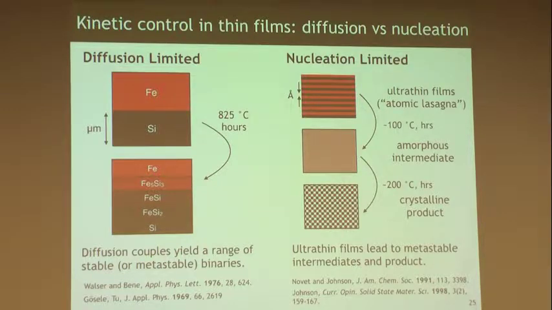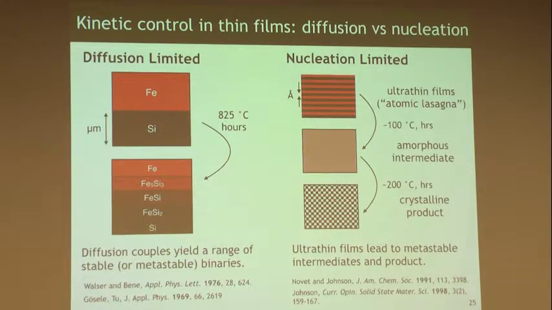If you're Dave Johnson at Oregon, you can lay down ultra-thin films using molecular beam epitaxy. So think subunit cell thickness layers of, in this case, iron and silicon, which he calls atomic lasagna. You can heat that up to about 100 degrees Celsius and generate this amorphous intermediate, which loses all evidence of this strata.